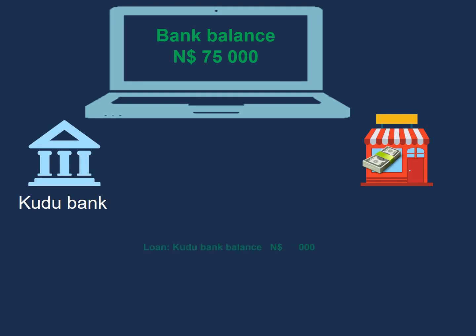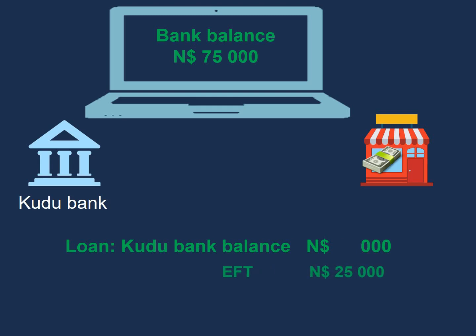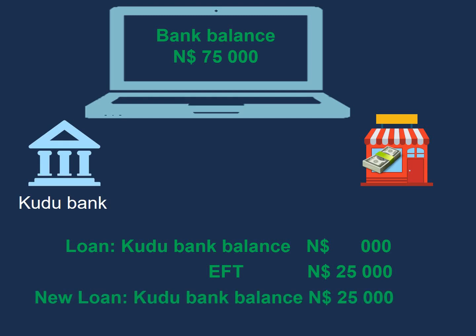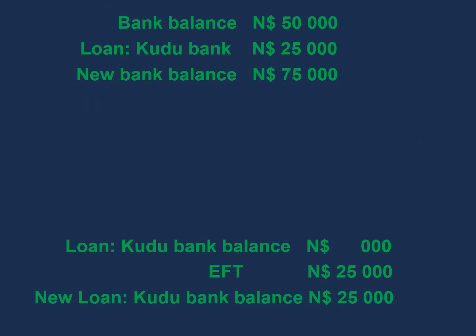Previously the business did not have a loan from Kudu Bank, so the balance was 0. But after acquiring the loan that was paid through EFT, the balance for that loan from Kudu Bank now is 25,000 Namibian dollars. So at the end of the day, the bank increased and the loan increased.